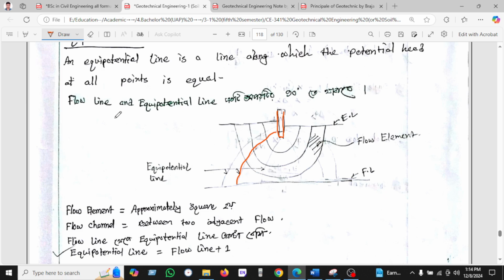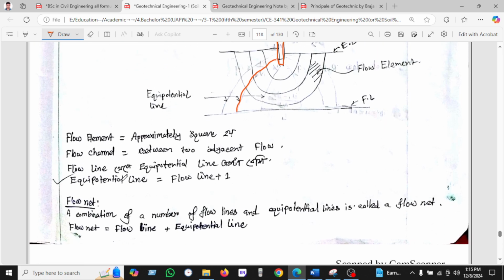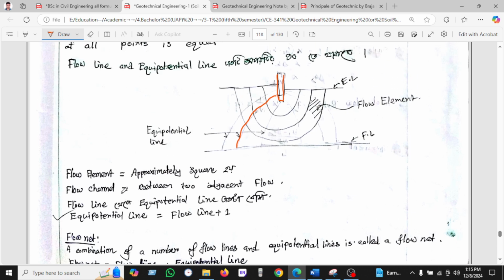The equipotential line and the flow line intersect, and the angle between them is 90 degrees. We also know the flow element is approximately square, and the flow channel between two adjacent flow lines, with equipotential lines, is flow line plus 1.